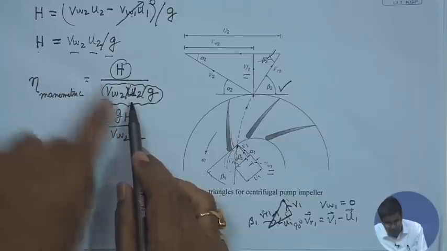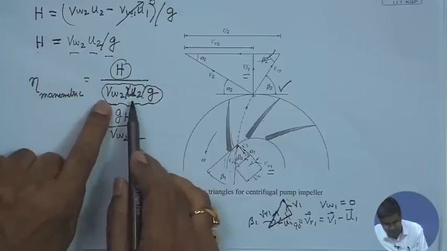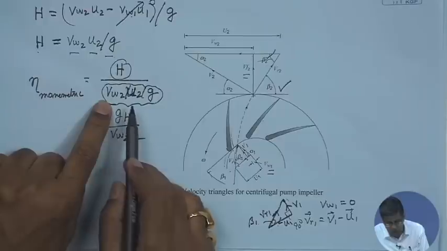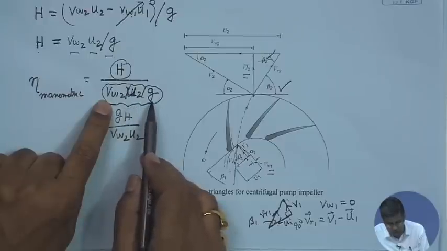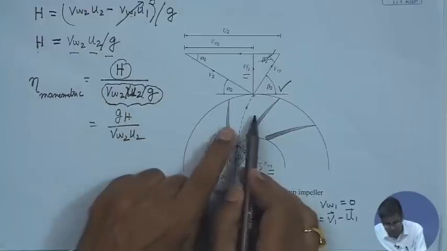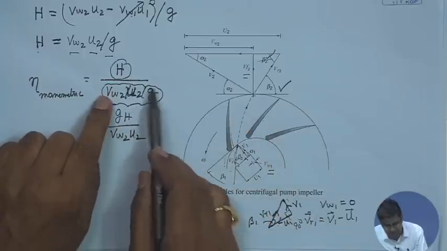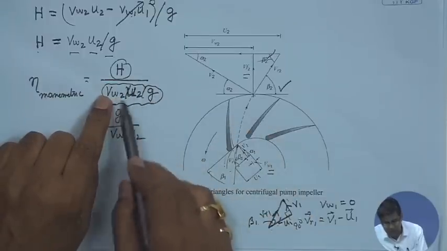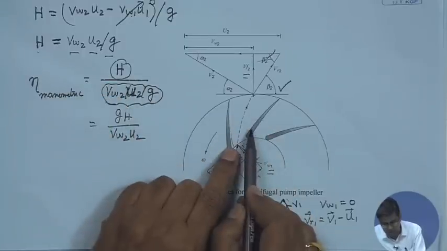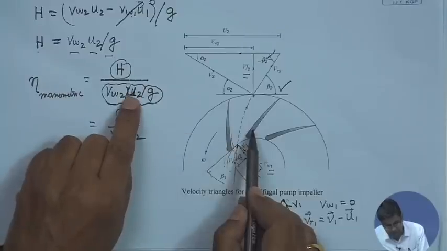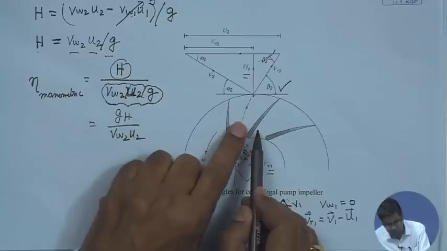Now, this is from Euler's turbine equation, so that is the energy per unit mass, Vw2 U2 by g, per unit weight given to the fluid by the rotor. That means the rotor supplies this much energy per unit weight to the fluid. That means this much head has been transferred to the fluid by the rotor.